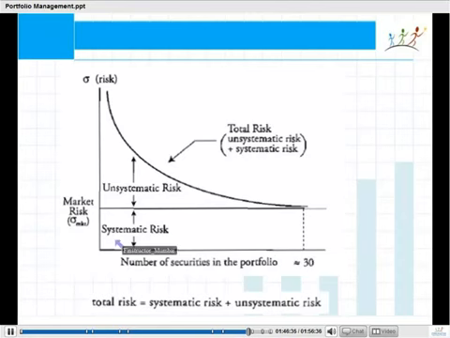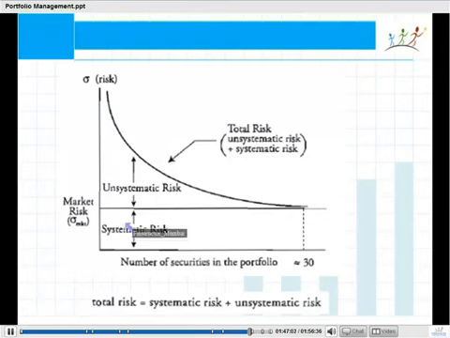So, if you have just one stock in your portfolio, the x-axis in this curve is the number of securities, and the y-axis in this portfolio is the total risk of the portfolio. So if you just have one stock in the portfolio, then the risk will be very high. Why? Because there will be systematic risk also and there will be firm specific risk also.